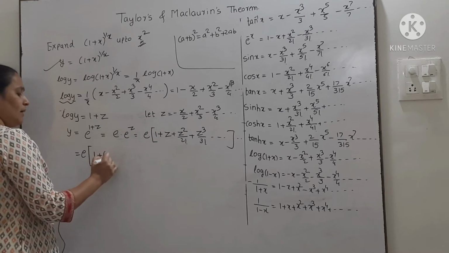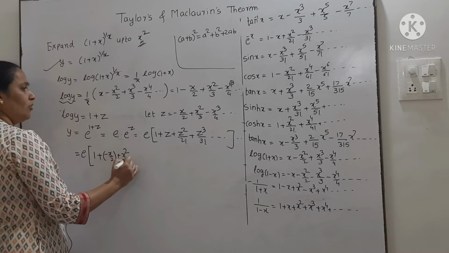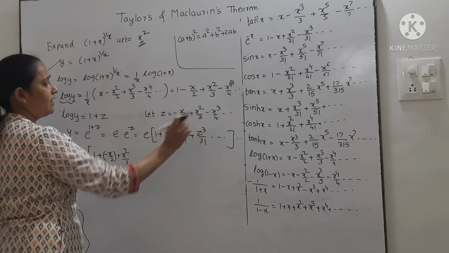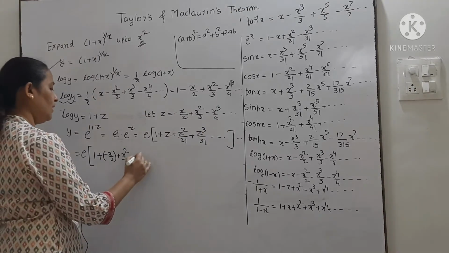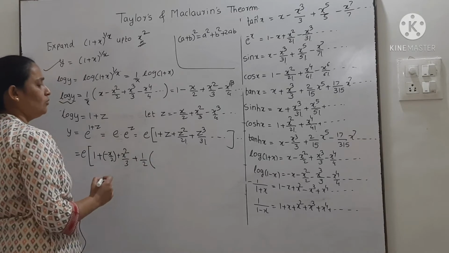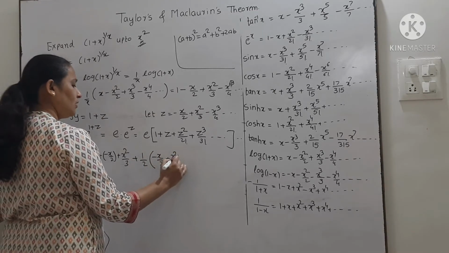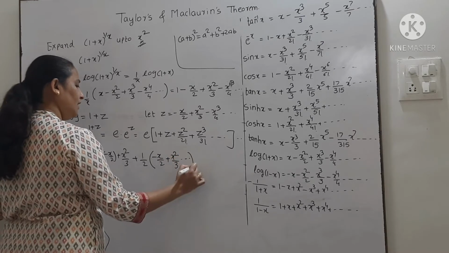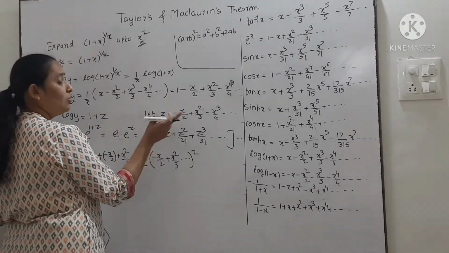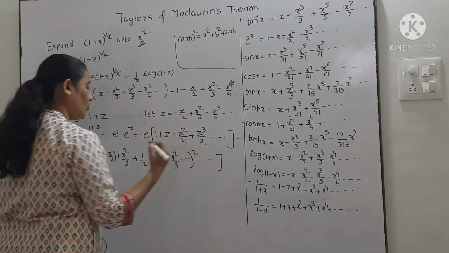This minus x by 2 plus x square upon 3. We want only terms up to x square, so neglect this x cube upon 4. Plus 1 upon 2 factorial, that means 1 by 2 into z square, that is minus x by 2 plus x square upon 3 and so on, its square. If I write down z cube, it will be minus x by 2 cube, which is greater than 2, so neglect the term and so on.